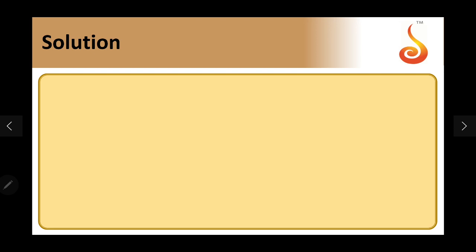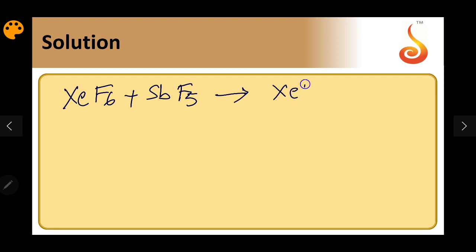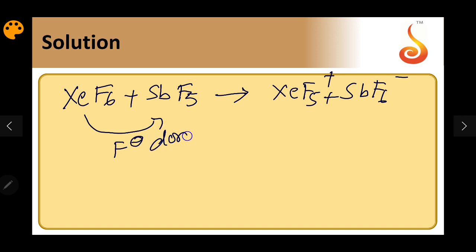The reaction goes like this: XeF6 plus SbF5 gives rise to XeF5 plus and SbF6 minus. So XeF6 is actually acting as an F minus donor. The cationic part is XeF5 plus and the anionic part is SbF6 minus.